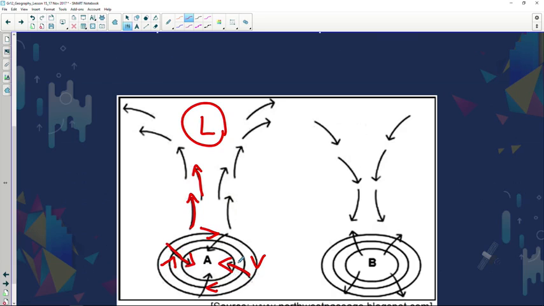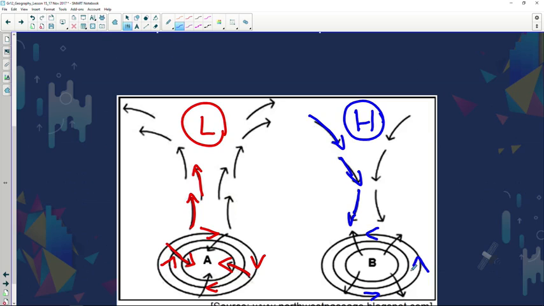Now if you look at B, what do we have over there? Sinking air, subsidence. And sinking air is associated with a high pressure. Because it's in the southern hemisphere, what do we say? It's anti-clockwise circulation of air taking place.